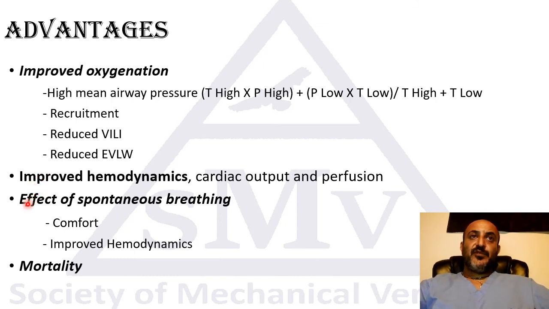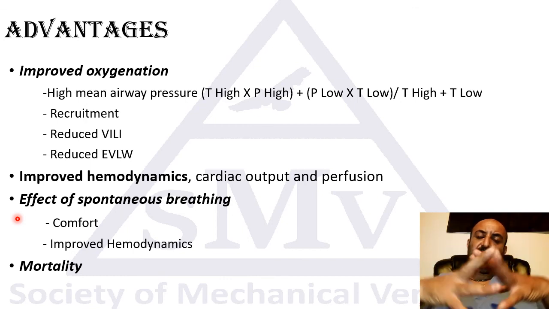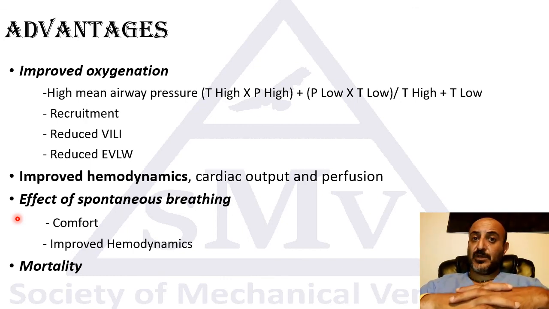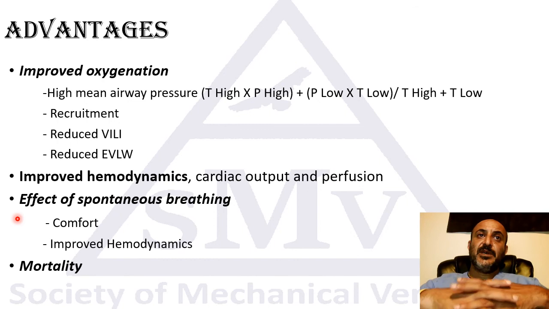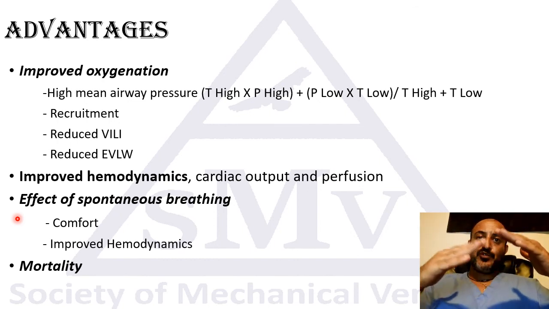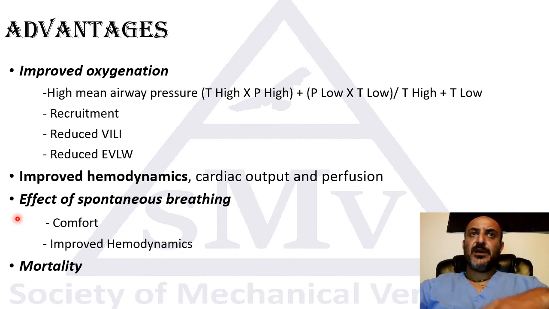Now, as we said before, you need the patient to have some spontaneous effort, spontaneous breathing, and that has been shown to also improve oxygenation, especially in the dorsal areas of the lungs that are usually heavily collapsed, because that might reduce the pleural pressure and open those alveoli.